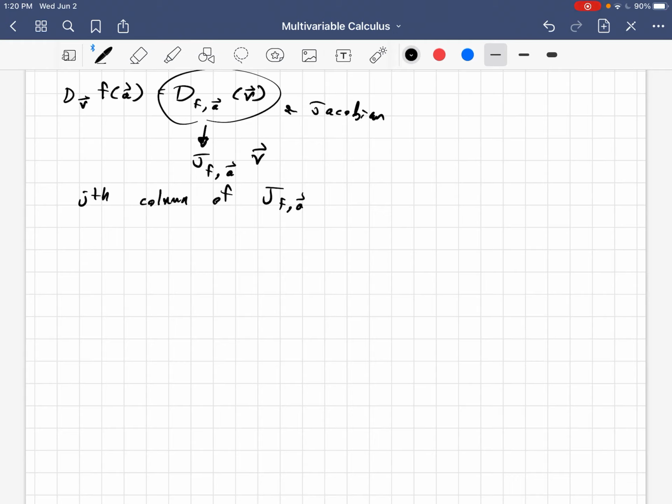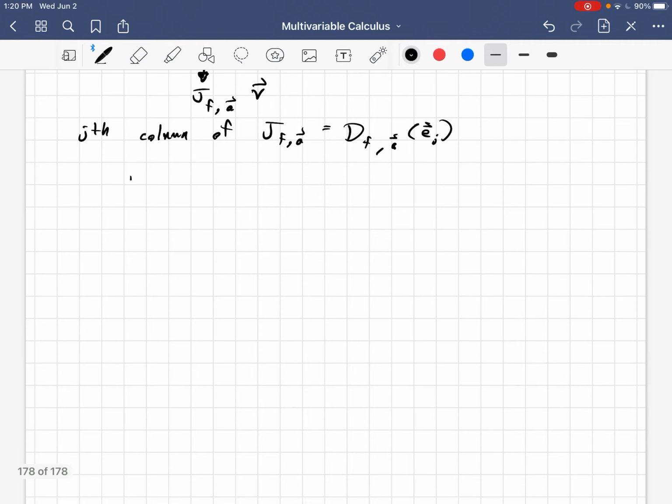If you remember from the last video, that would be the derivative transformation of f evaluated at the point a of the jth standard basis vector, which I'll write as e sub j. Because the jth column of a matrix represents the image of the jth standard basis vector after the linear transformation represented by that matrix has been applied.